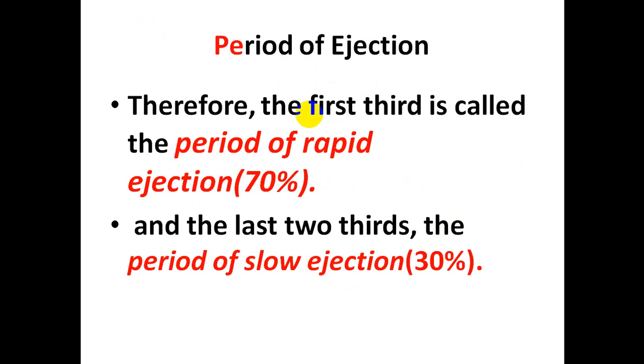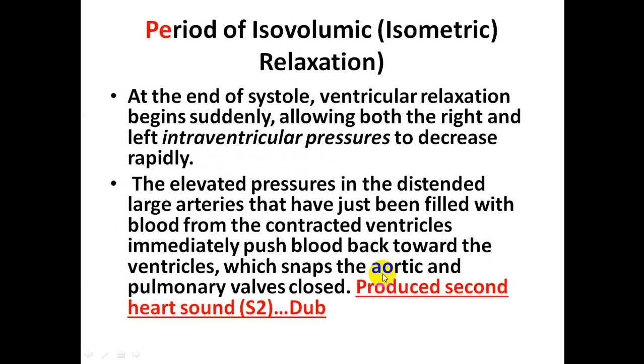Therefore, the first third is called the period of rapid ejection. About 70% of the blood in the left or right ventricle is pushed to the great vessels, while the 30% is ejected during the last two-thirds of the period.